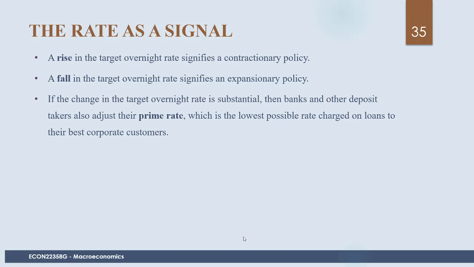If the change in the target overnight rate is substantial, then banks and other deposit takers also adjust their prime rate. We saw in the diagram that the prime rate was highly correlated with the overnight rate, except that it's 2 to 3 percentage points higher. You can think of the target rate as a benchmark on which other interest rates in the economy are based.